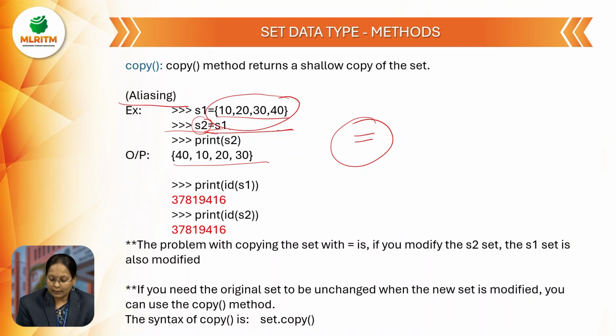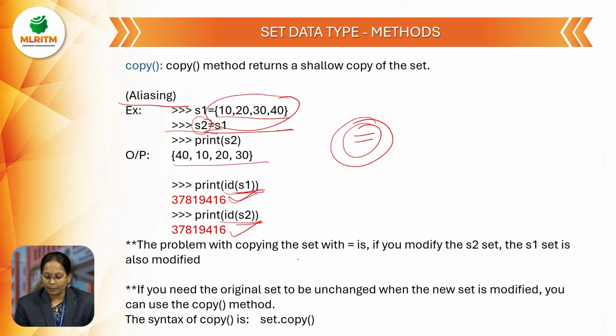Because of aliasing, S1 and S2 have the same ID. By using print of id of S1, we print the ID of S1, and here we also print the ID of S2. Since we are using the aliasing equal symbol, S1 and S2 have the same ID.